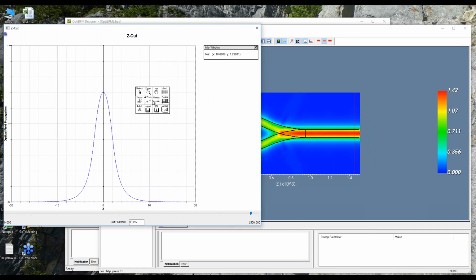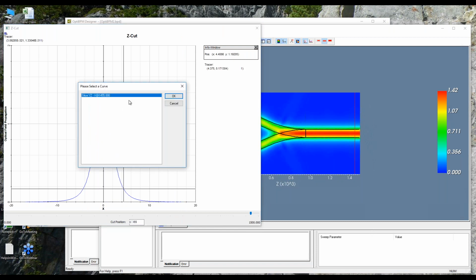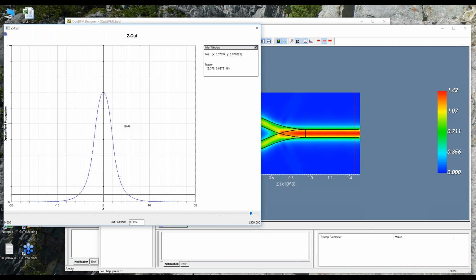There is a tracing feature here so we can see precisely what the levels are. So at this point it reached an amplitude of 1.4. Well, that's the amplitude of the field, and assuming that the normalization of power is going to be the square of this, 1.4 squared, yes, it is close to 2.